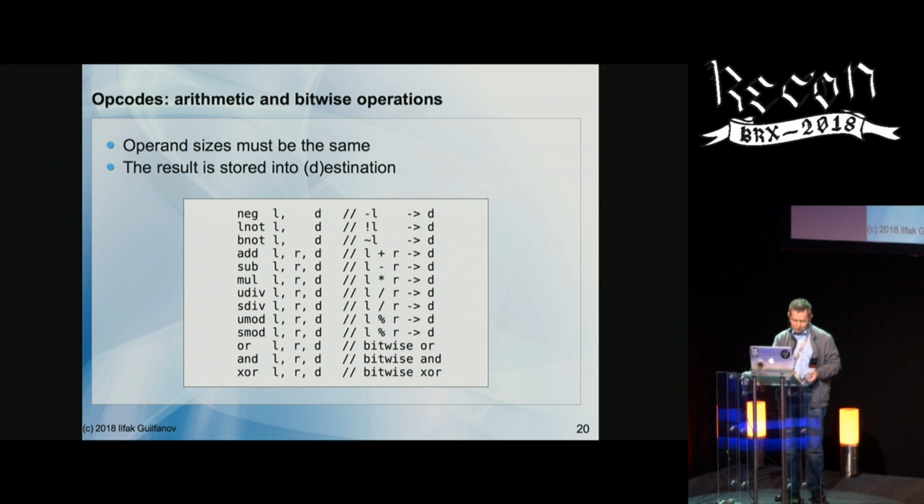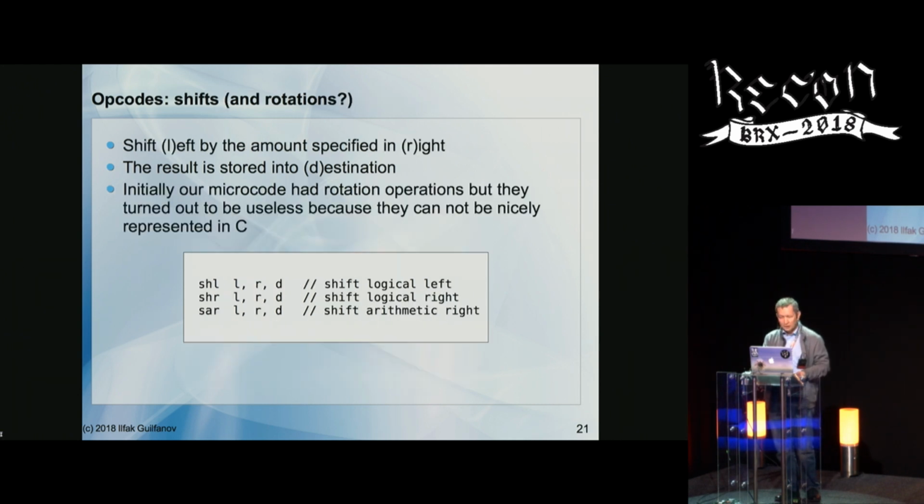The only thing maybe I have to mention is signed and unsigned divisions and modulo operations, but it's not that interesting. For shifts, we have 3 shifts. This is enough. We also had rotations in the past. And it turned out that rotations are not very useful in the microcode because we cannot do anything about them. They cannot be optimized into something better or converted into something nicer looking. So we keep them as is, and in the output, they will be represented as a call to an intrinsic function, and that's it.